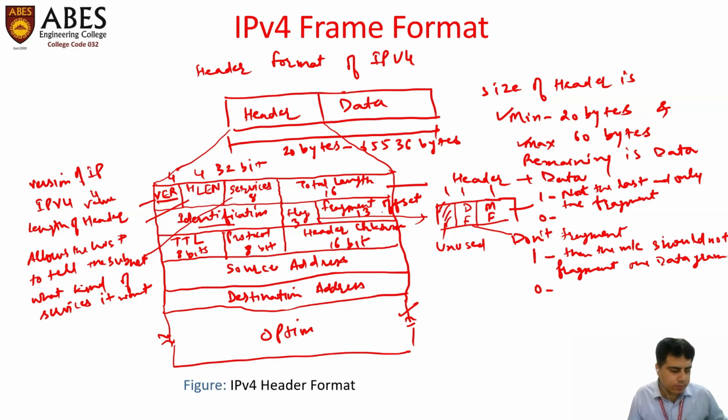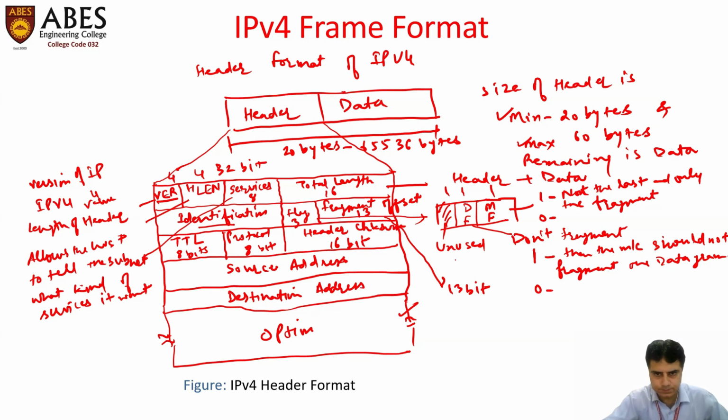Next field is fragment offset. Fragment offset is a 13-bit field, which shows the relative position of the fragment with respect to the whole datagram. Now we will see how to calculate the fragment offset value.